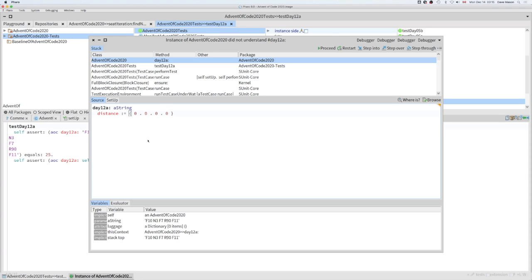So I'm just going to put a comment here to say that. And I'm going to say that our current direction, or let's say we're facing, and we're initially facing east, so that's 1.